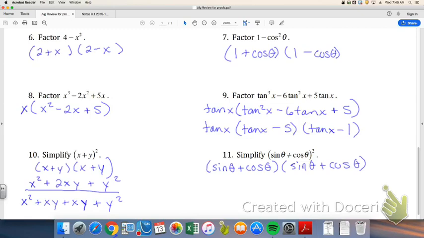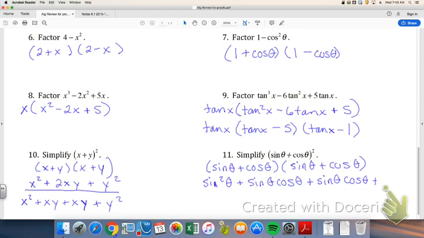So sine times sine gives us sine squared theta. Outer terms is sine of theta times cosine theta. So sine theta times cosine theta, no different than x times y. Inner terms, cosine theta times sine theta is a sine theta times cosine theta.